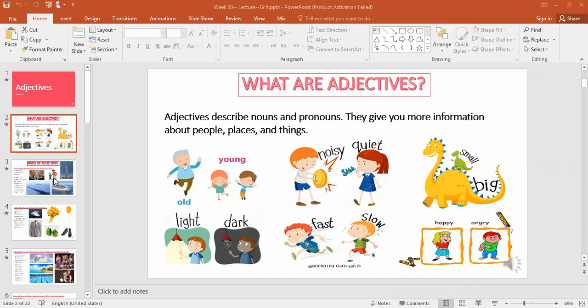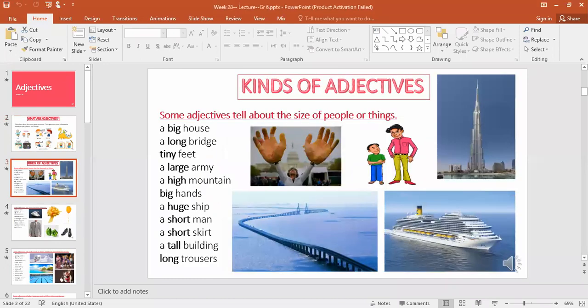We also said that adjectives have many kinds. The first kind is the adjectives of size, which describe the size of people and the size of things.